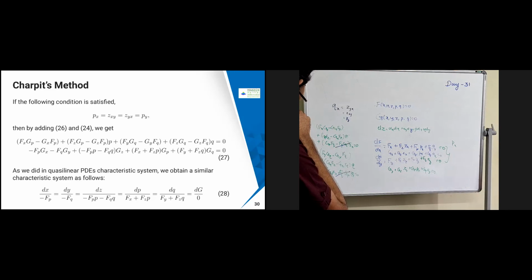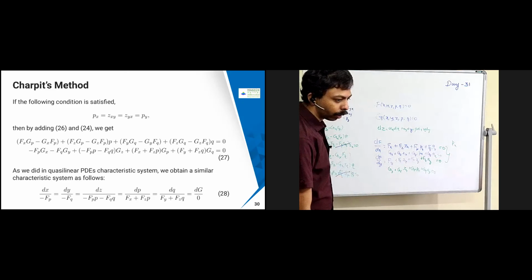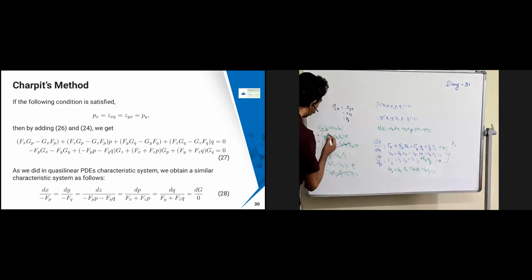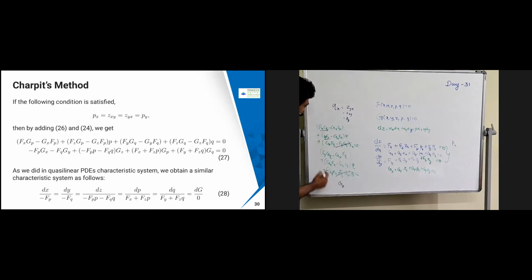Then I'm just taking gp terms from here. If I collect the gp terms from here and here, gp only I'm taking out. So if I take GP out from the first term, from these two, I'm going to get fx, minus fx, I'm adding it.